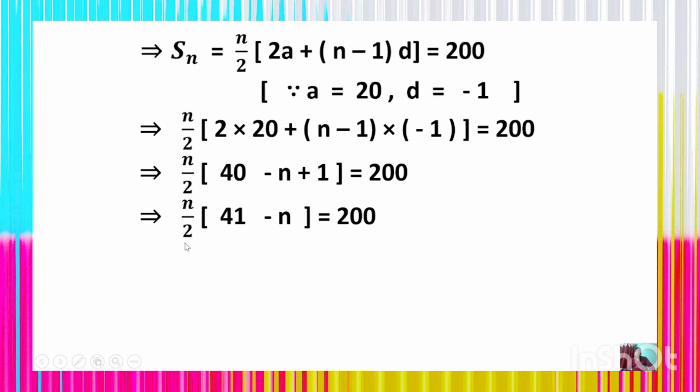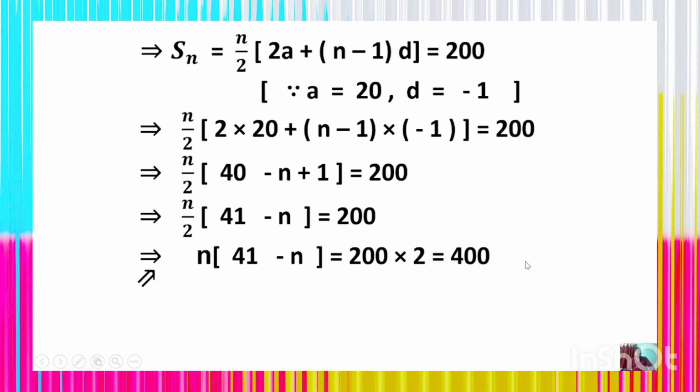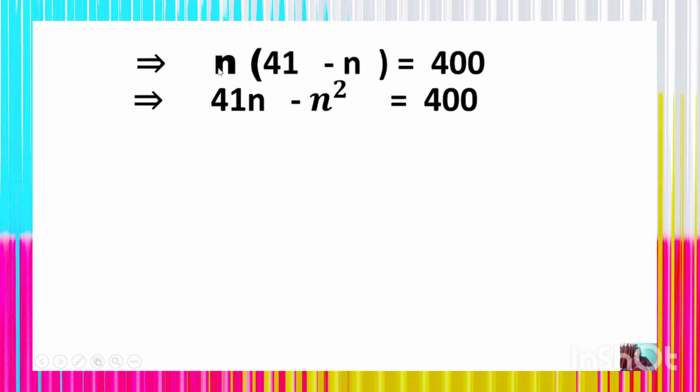Here the 2 in the denominator can be transposed to the right hand side, and after transposition we multiply 200 into 2, which is 400. Thus we can write n whole into 41 minus n is 400. And you can multiply 41 multiplied by n, which is 41n, minus n into n, which is n square, equal to 400.